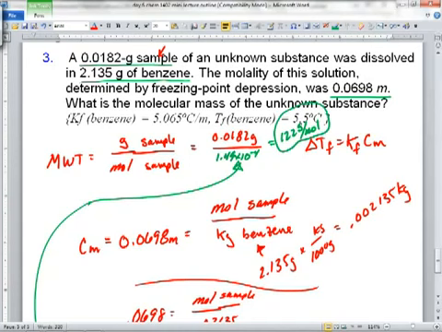Yeah. So, again, hard question, because we're used to getting into this mode, oh, we have to use one of these equations. This question, we didn't even use one of our equations. All we did is use the molality equation. But the reason it falls into this section is that they do this all the time for proteins, enzymes, these huge molecules.